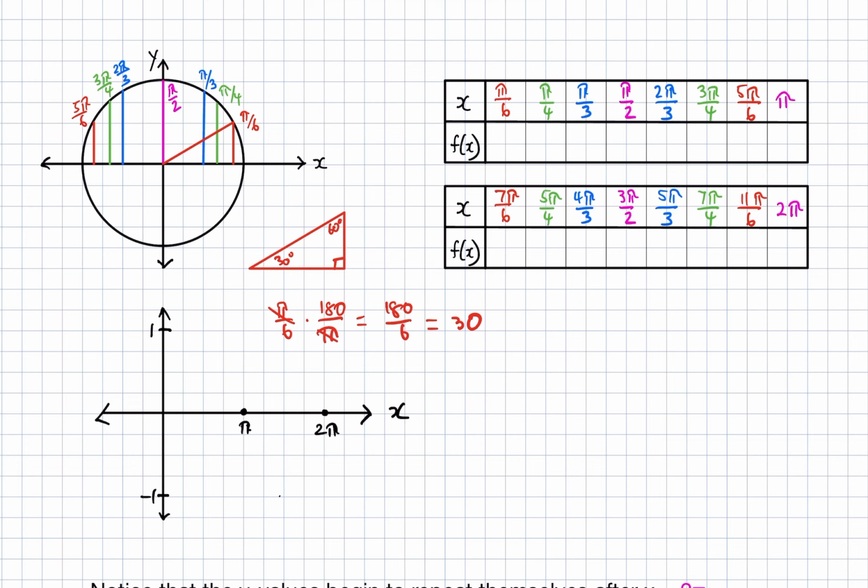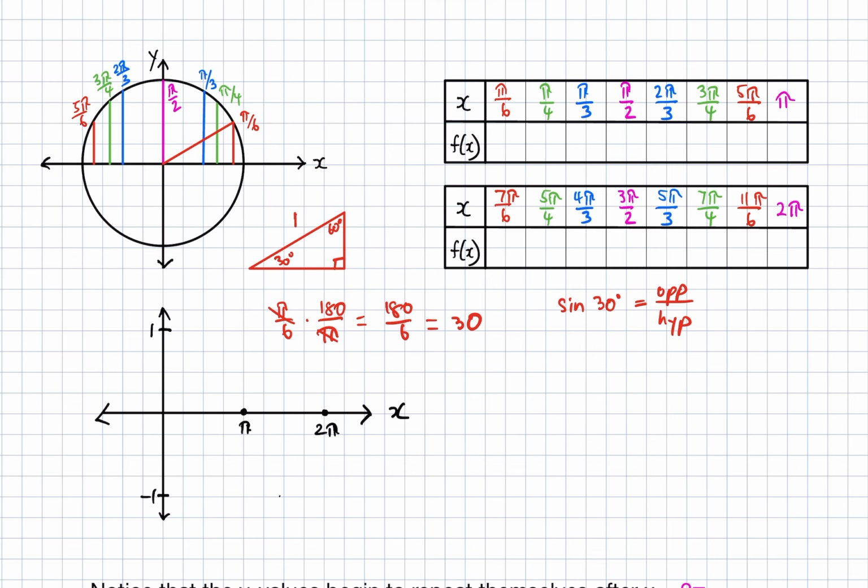Okay, and remember, the sine of 30 degrees is the opposite over the hypotenuse. Let me go ahead and write that. Sine of 30 degrees is equal to the opposite over the hypotenuse. Now, the opposite side is 1 in a 30, 60, 90 degree triangle, but because the hypotenuse is equivalent to the radius in the unit circle, we know that to be 1.